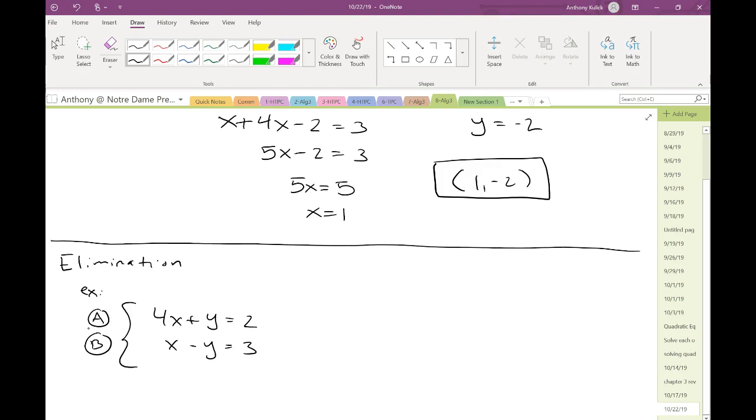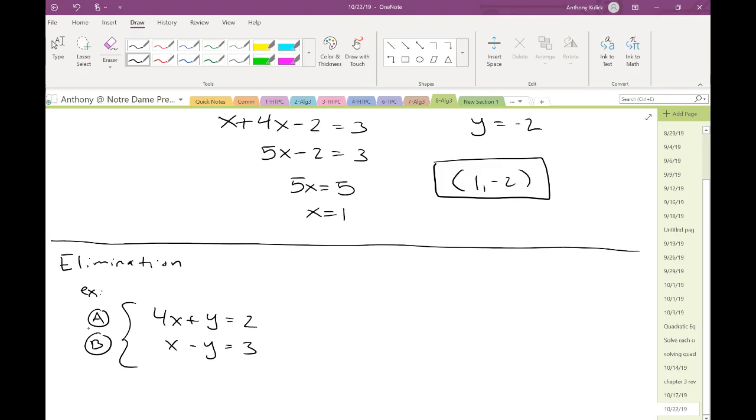So the way that elimination is going to work is I want to take a multiple of equation A and add it to a multiple of equation B so that one of the variables cancels out. Either the x's will cancel out or the y's will cancel out.